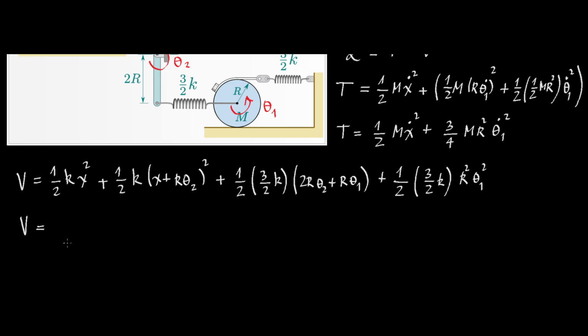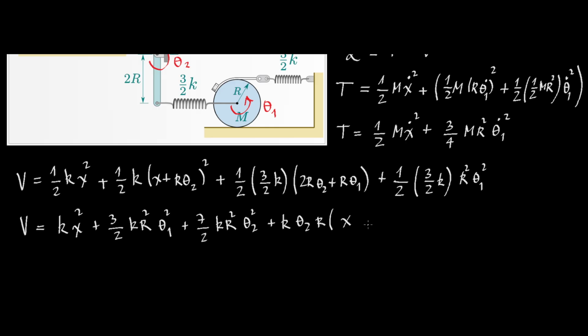If we do the respective simplification, we obtain the following result: k times x squared plus 3/2 k r squared theta 1 squared plus 7/2 k r squared theta dot squared, and finally plus k theta 2 r times x plus 3r theta 1.